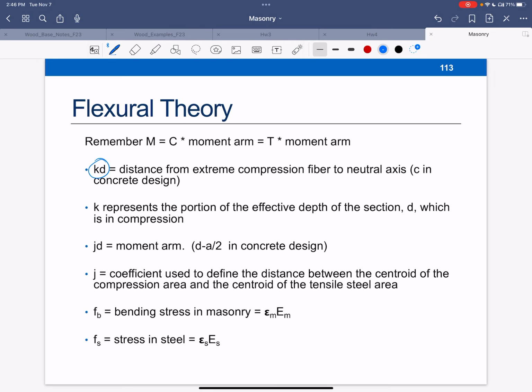Moment arm in concrete, D minus A over 2, is now just JD. It's some percentage of D. J is that coefficient. F sub B is the bending stress in the masonry. F sub S is the stress in the steel. And those, because we're linear, are just strain times modulus. So that's pretty handy. It's different because you haven't done it before, but it's actually easier than what we do in concrete.